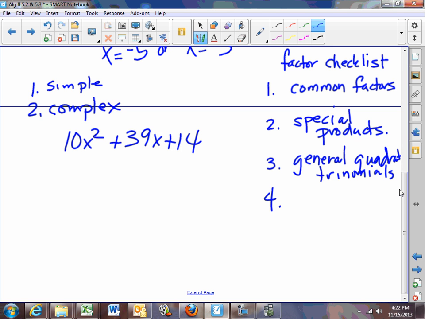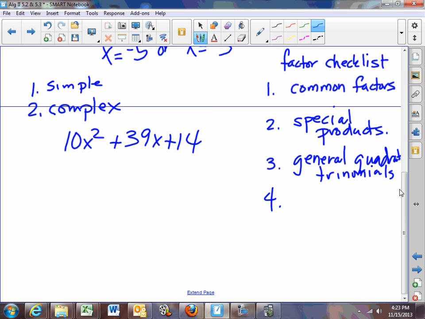Mr. Joseph Dorset is Julia Withrow's grandfather. And he showed me a way to factor these complex quadratic trinomials that he actually had developed and put in a book, and it was his. Now, a lot of other books after that took that method, and they call it things like splitting the middle term or the master product method, but he developed it. And so we're going to call it the Dorset method.